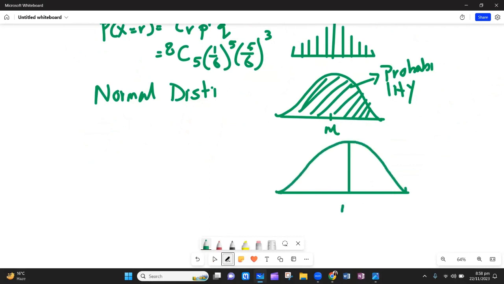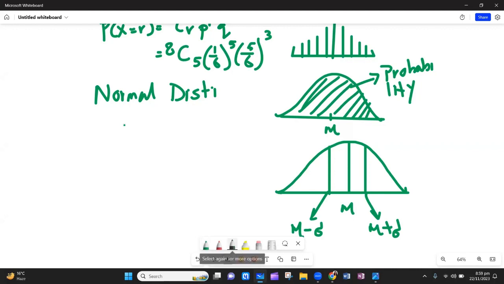This is the mean. Then from here to here, we can say this is one standard deviation away from the mean, this region. So this would be mu plus 1 standard deviation, and this would be mu minus 1 standard deviation. So this region is within 1 standard deviation of the mean. For example, mean is 0.2, standard deviation is 0.1.